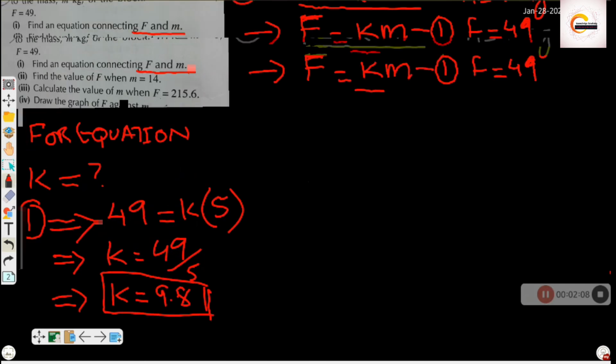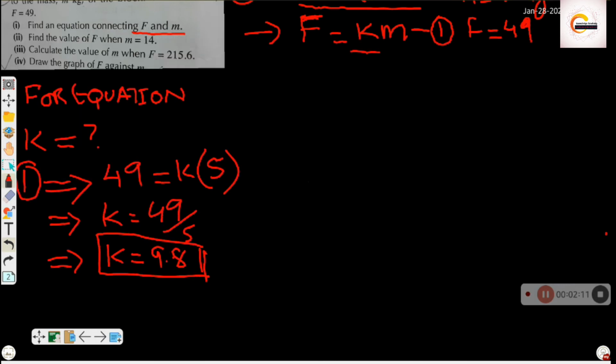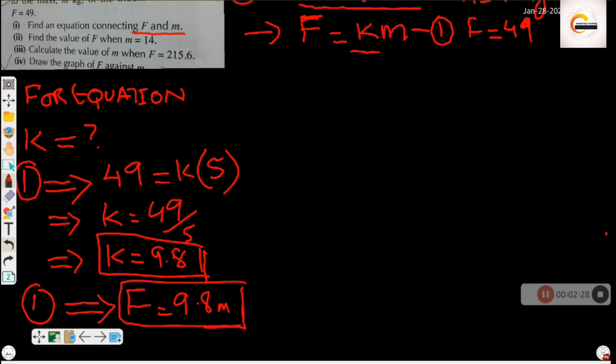If we put this k into our equation 1, we will get F is equal to 9.8m. This is our equation. So the first part is solved.